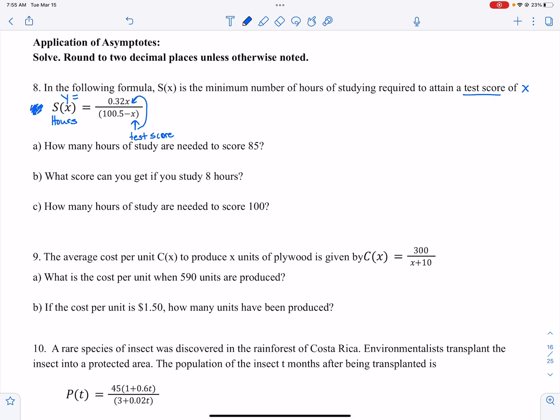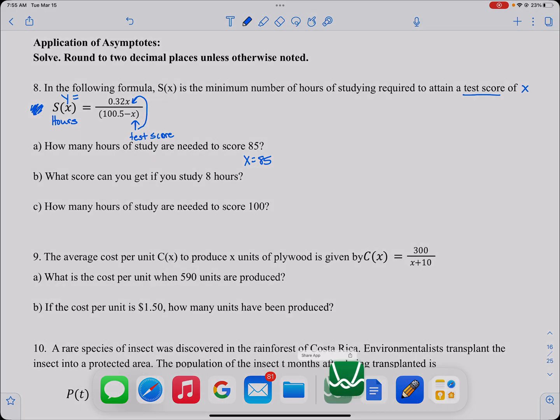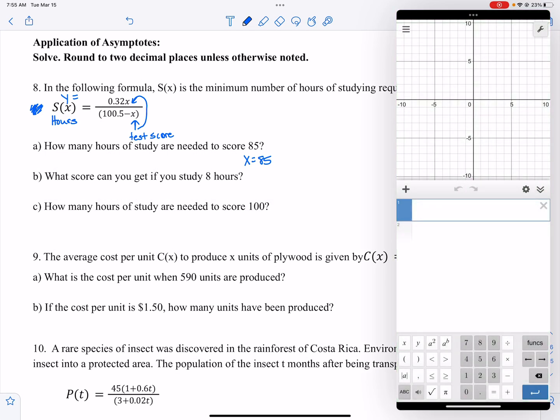So the first question is, how many hours of study are needed to score 85? So hours, they're asking for what is the y when x equals 85. So the easiest thing to do is use Desmos to help with this. So let's just type all that in. We can put y equals, and then I need to put 0.32x divided by, and then in parentheses, so type it just like it looks, 100.5 minus x is our equation.